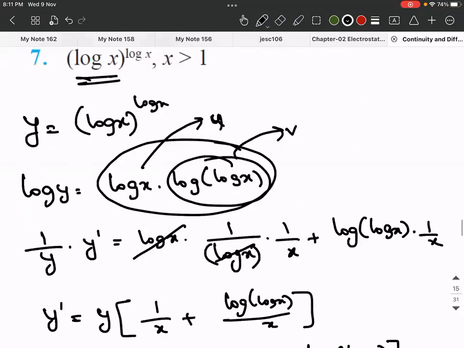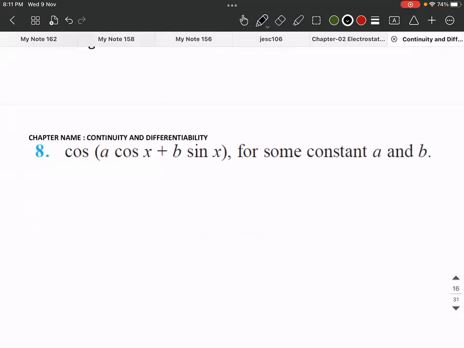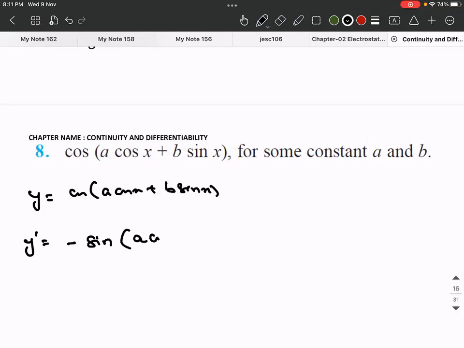Find dy by dx. Cos of a cos x plus b sin x. So y is equal to cos of a cos x plus b sin x. So what is y dash? Minus sin of a cos x plus b sin x into the derivative of a cos x plus b sin x, which is minus a sin x plus b cos x. Right.